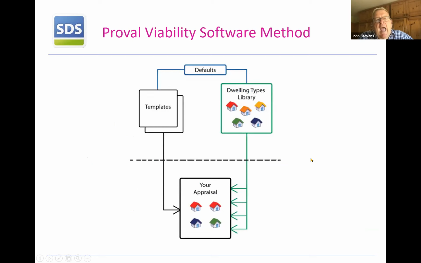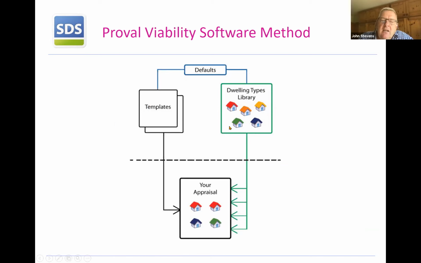So our viability software model, as you may know, uses templates where we could have the assumptions about your organizational loan rates, determined by your finance director. But we also set aside a library of different tenures. And today we're going to be talking about first homes and adding that in to our tenure library.